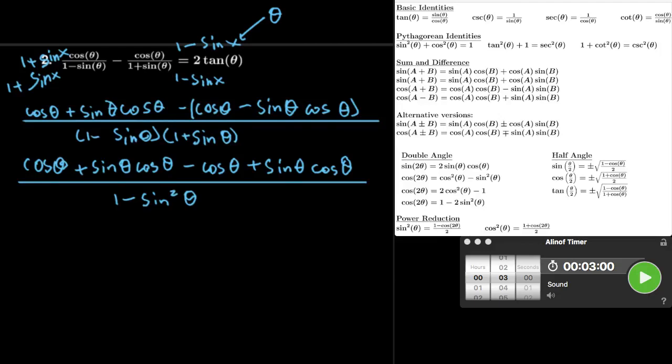Let's see. Oops, wrong thing. That will subtract with that, and the other two will combine. Because we have the same thing added twice, we have 2 sine theta cosine theta, all divided by, we know by now, or you should know by now, that that equals cosine squared theta down there.